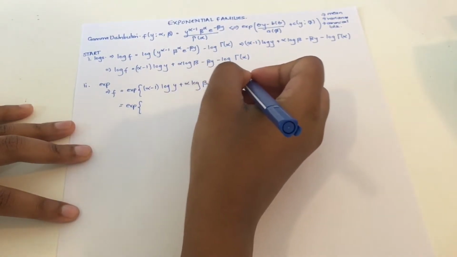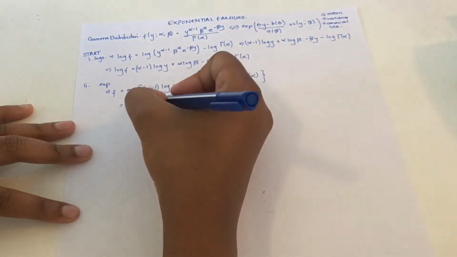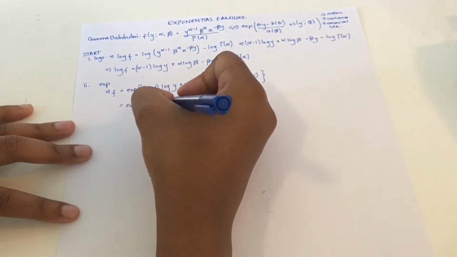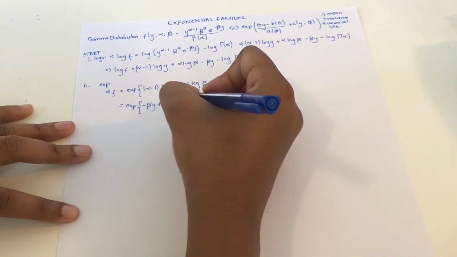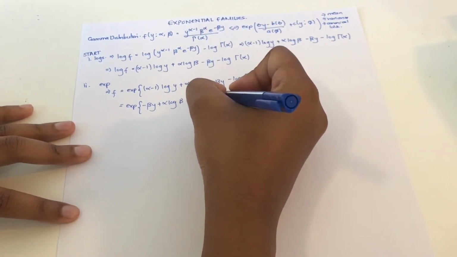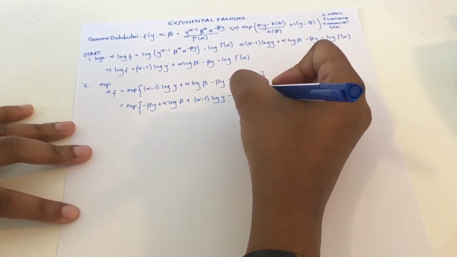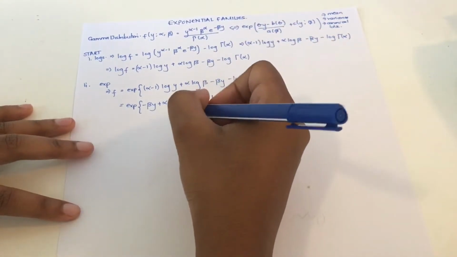So I'm just going to rewrite that to make sure everything is clear. And I want to rearrange, so I'm going to bring beta y to the front, and I will put like terms together. So it will be exponential of minus beta y plus alpha log beta plus alpha minus 1 log y minus log gamma function of alpha.